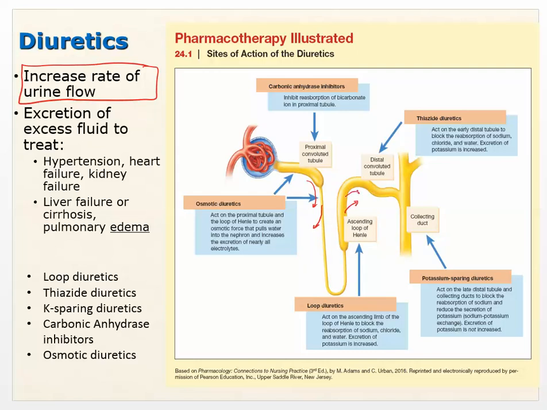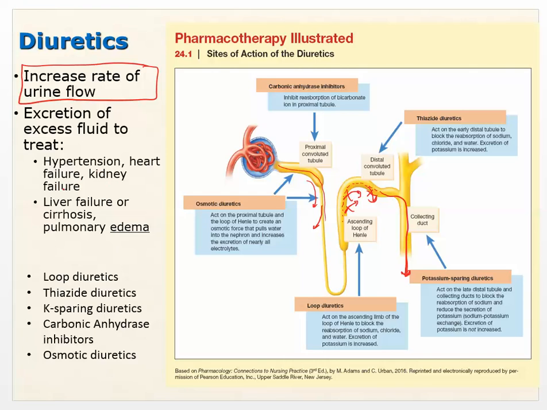If you want to stop the reabsorption of that water and those particles, then you're going to pull more water through, and that's going to keep the flow a little better. And so hopefully that makes sense.